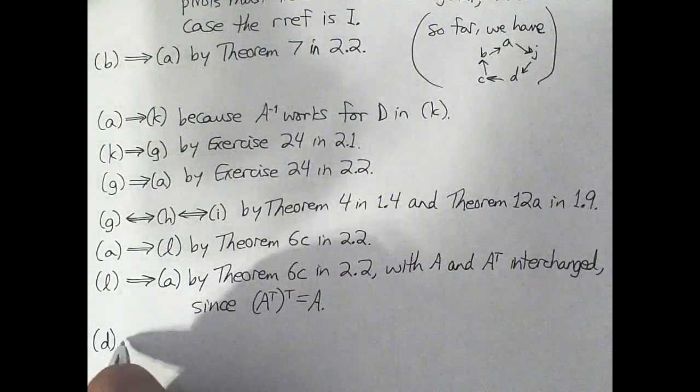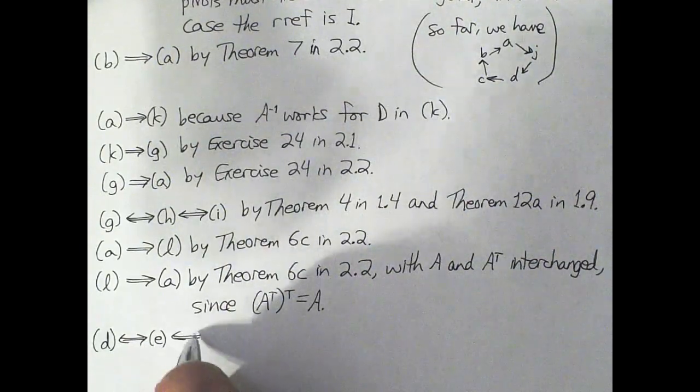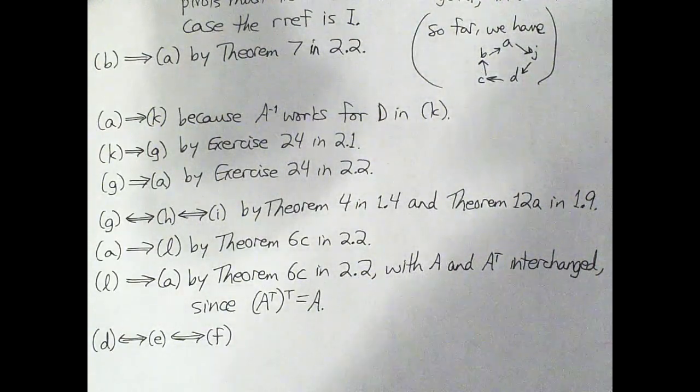What about this D if and only if E, if and only if F? Let's take a quick look at what they say. D says the equation AX equals 0 only has the trivial solution. E says the columns of A form a linearly independent set.